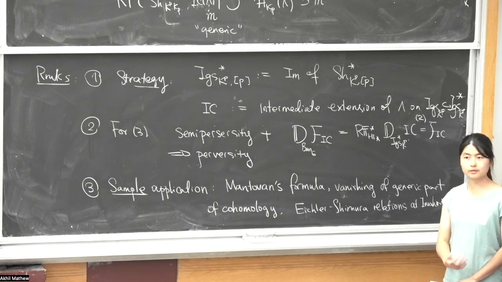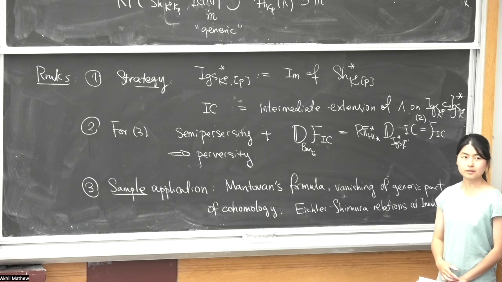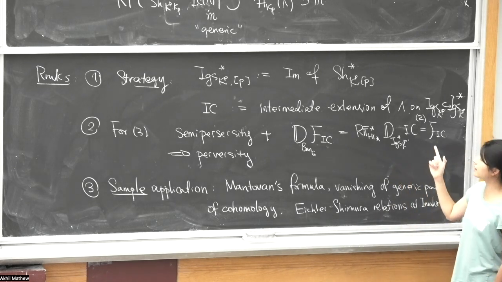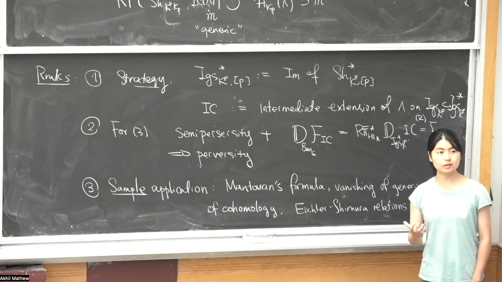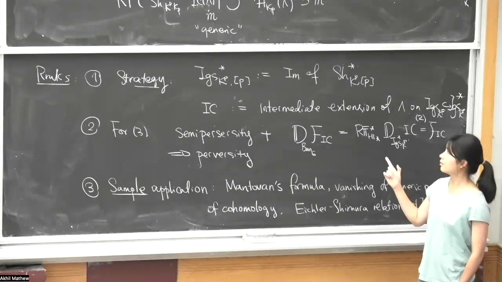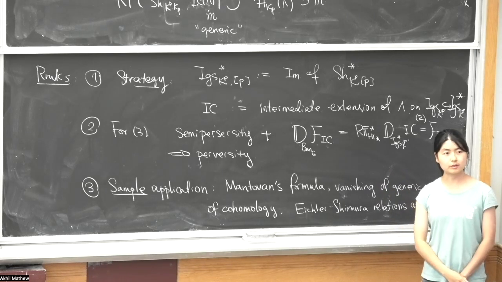So there's going to be no difference between the intersection cohomology and the usual one. That's quite interesting. But the problem is that generally for Shimura varieties other than unitary Shimura varieties, these maximal ideals of the Hecke algebra do not have an attached global Galois representation.